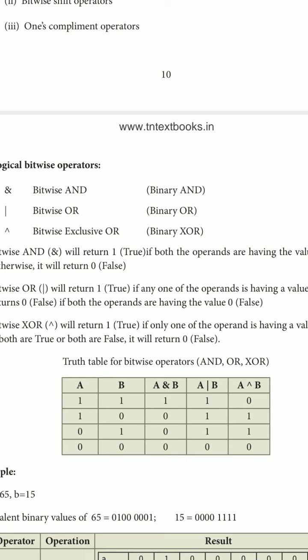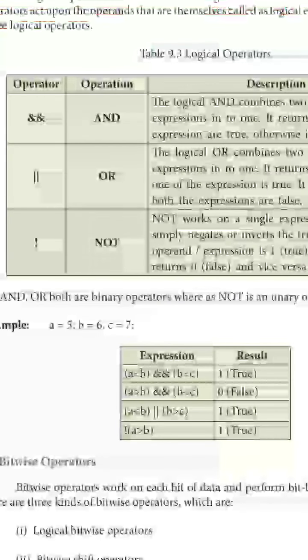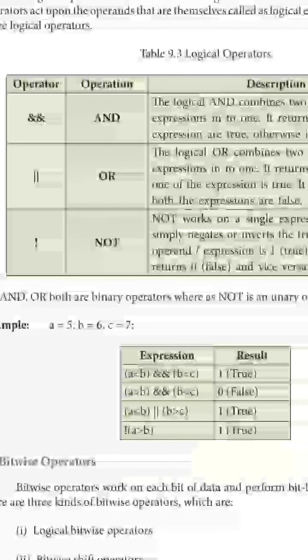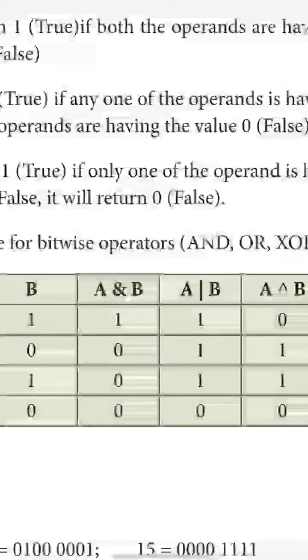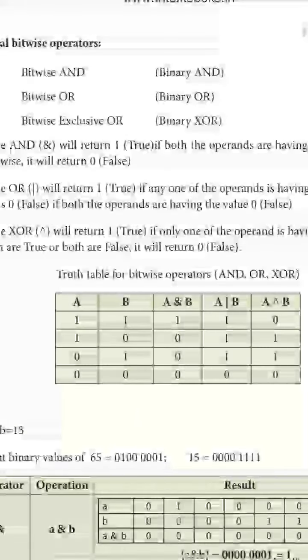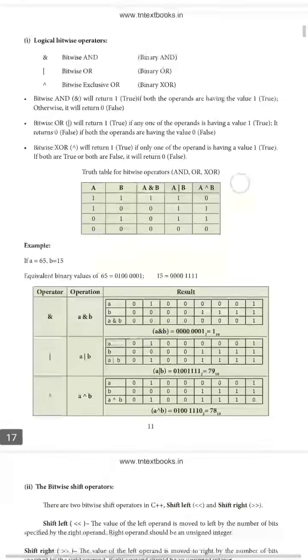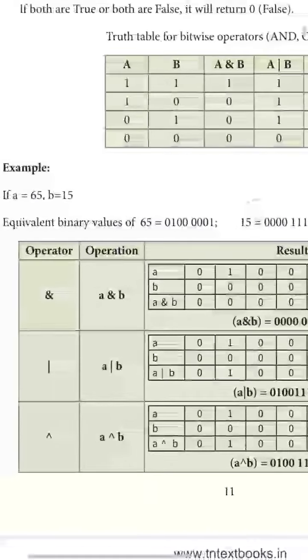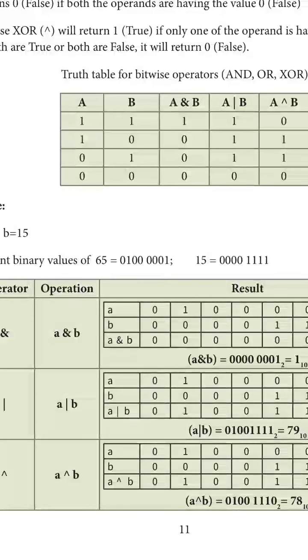Here you can see the difference from the normal logical operator, which has double symbols. The bitwise operator is a single symbol, and exclusive OR is available in this bitwise operator. These are all the examples of the bitwise operator.